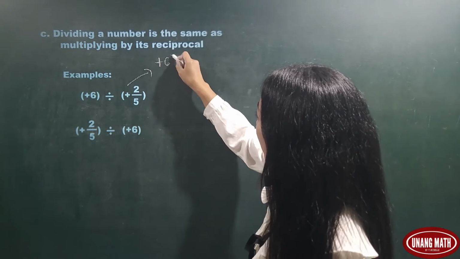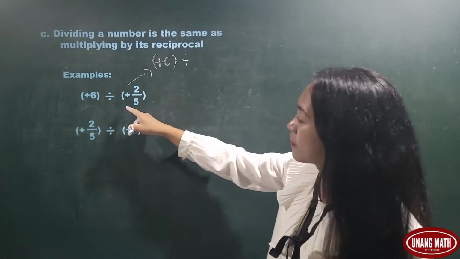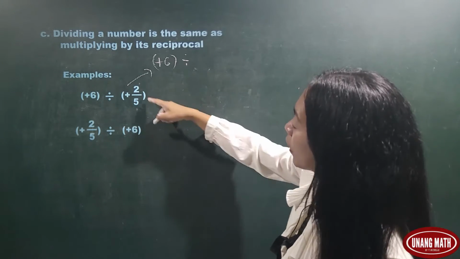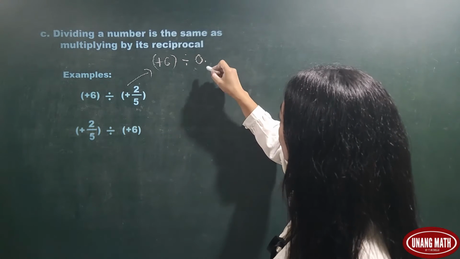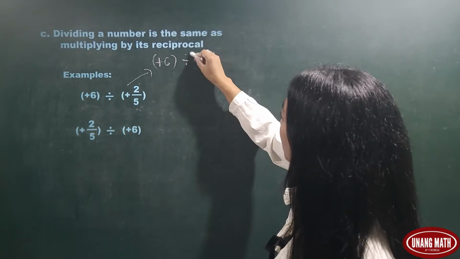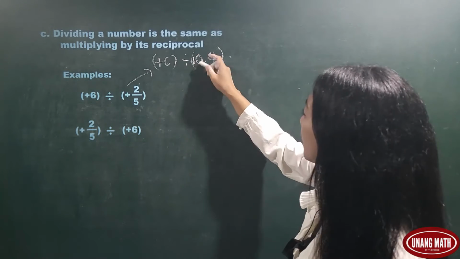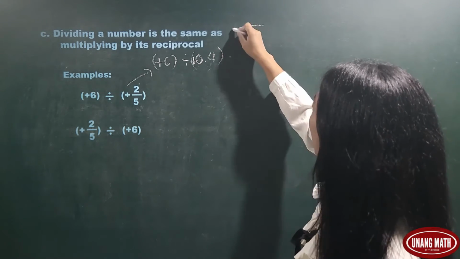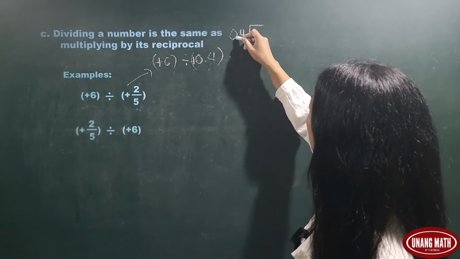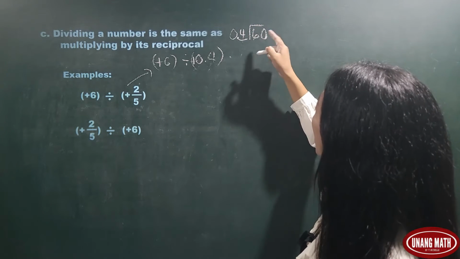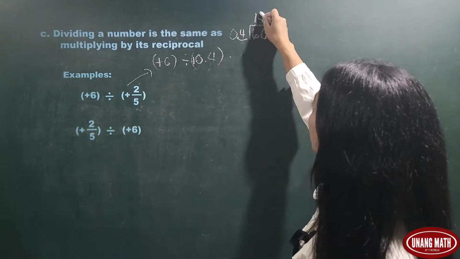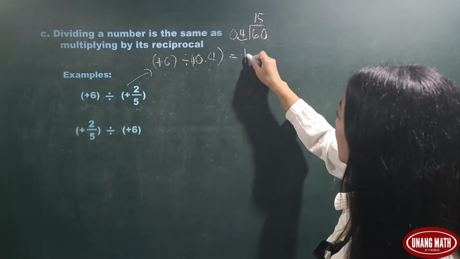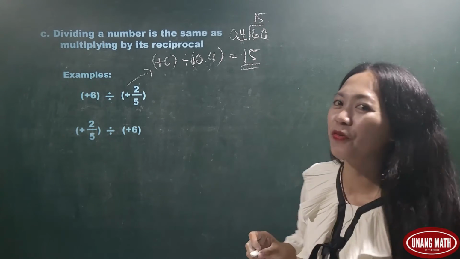Positive 6 divided by, convert 2 over 5 to a decimal number. 2 over 5 is equal to 0.4. Let's divide. 6 divided by 0.4, make this a whole number. So this is 60 divided by 4, which is 15. So positive 6 divided by positive 0.4 is positive 15.